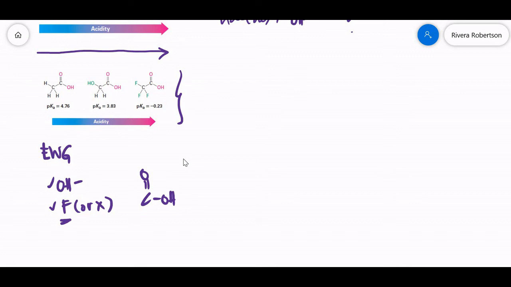So, what happens? If your electrons are being pulled, the electron density, of course, goes toward the electron withdrawing group. So, what happens? The bond between your oxygen and your hydrogen weakens. So, it is easier for the hydrogen to be released into solution, making it more acidic.